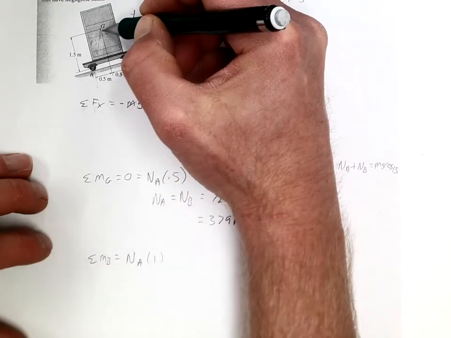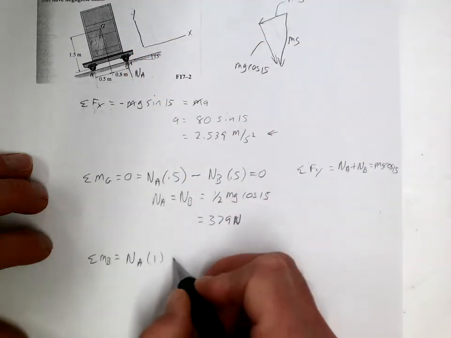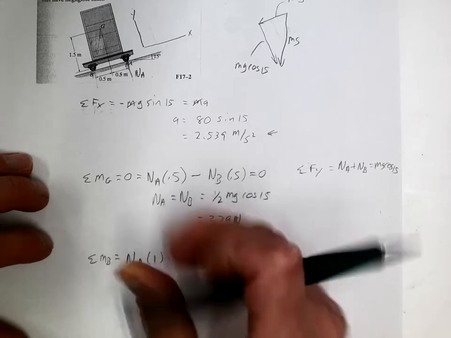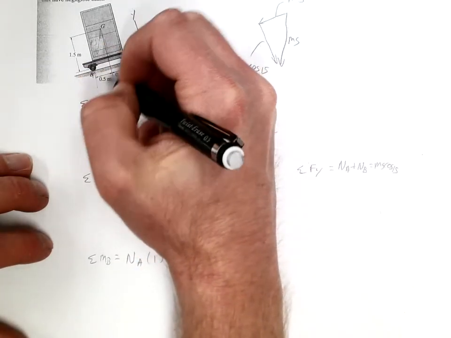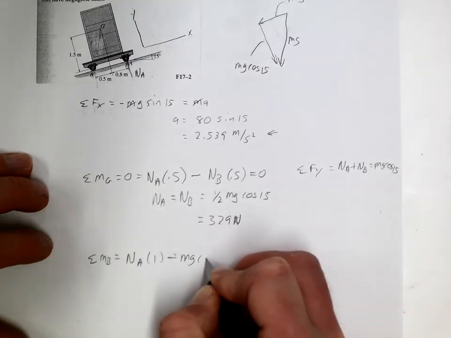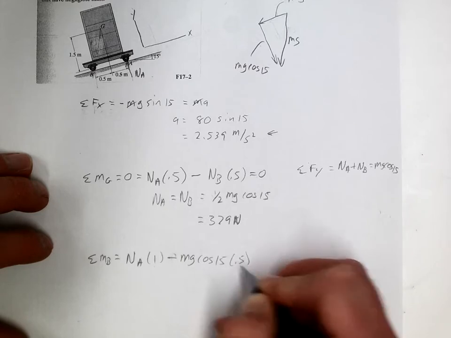I'll take the y component of mg, and that y component is going to cause a negative rotation. So negative mg cosine 15, and that's times 0.5.